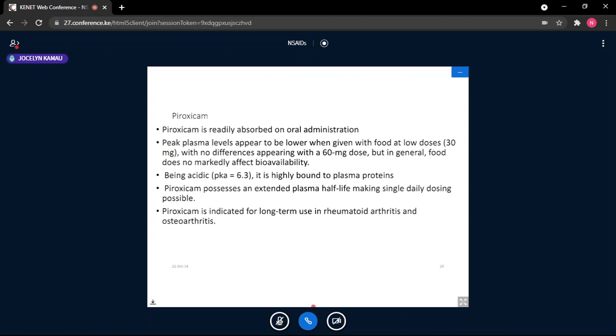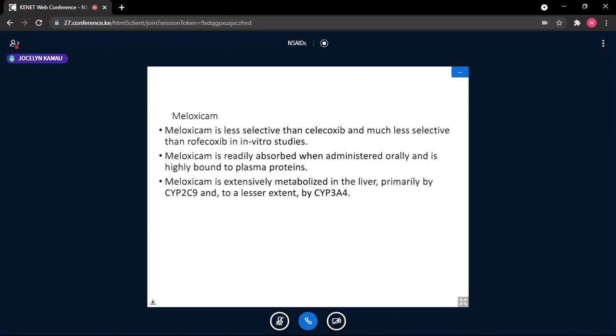It is readily absorbed on oral administration. It is usually given as a once daily dose. Single daily dosage is possible. Again, used for management of arthritis, pain, fever, and inflammation. It has, as we said, preferential binding. I don't want to call it selectivity. Preferential binding for the COX enzyme, but that is lesser than what you have in the coxibs, celecoxib, which we are going to mention.